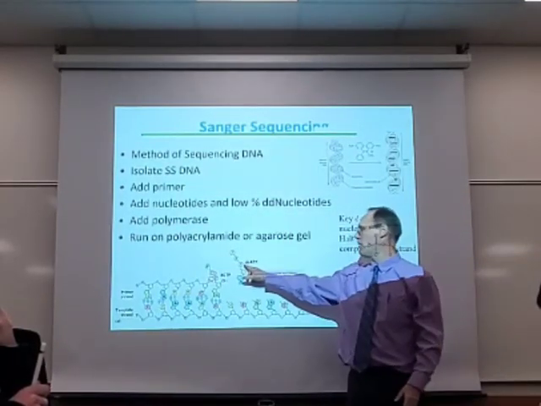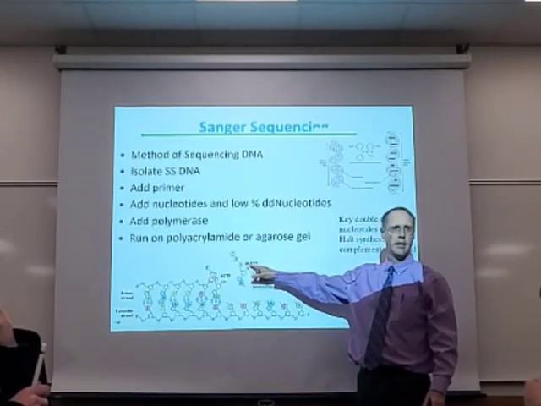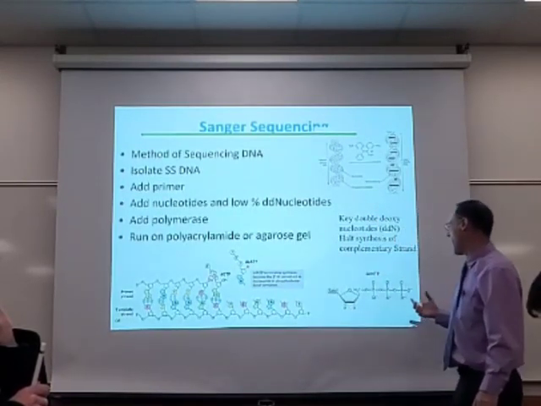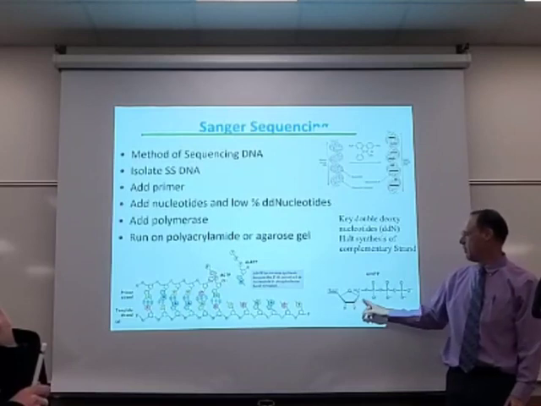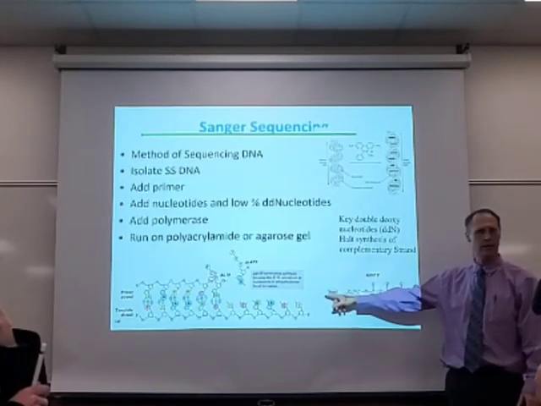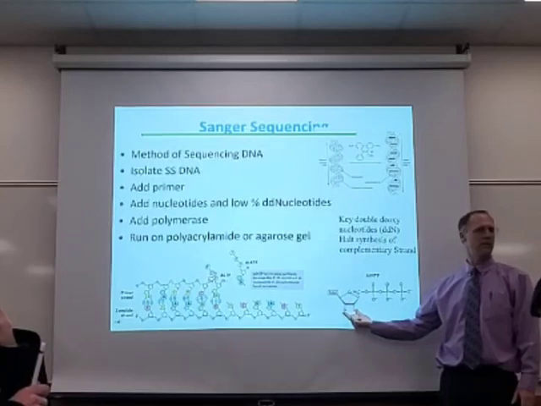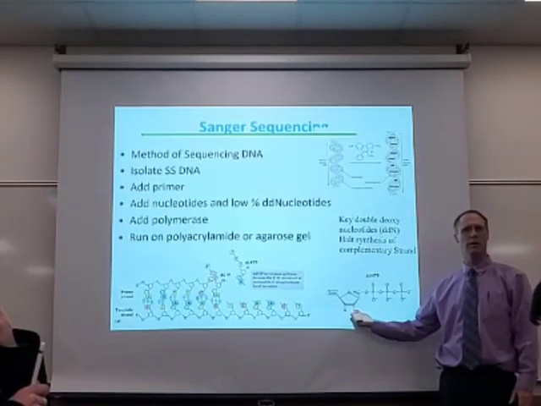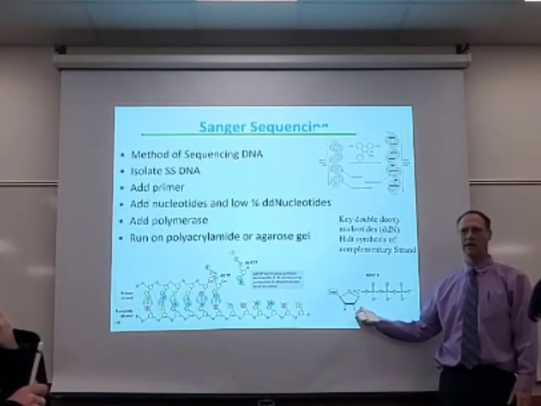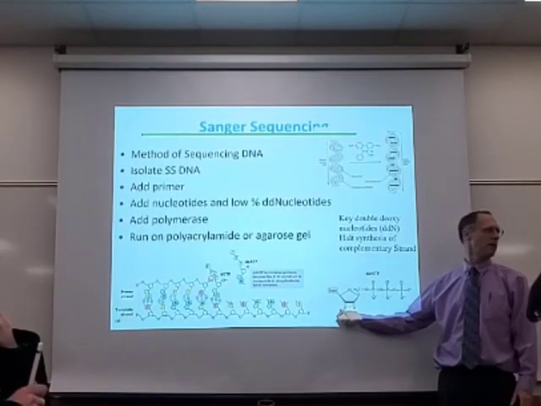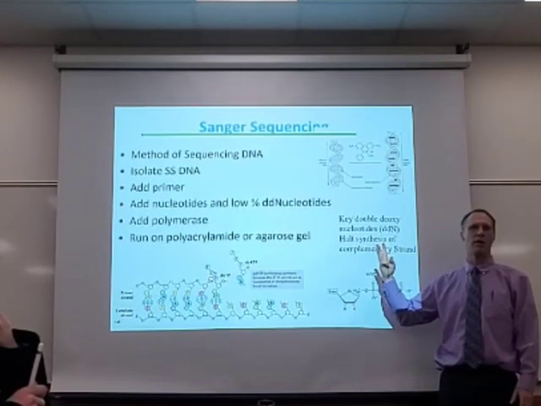A double deoxy. So if I'm looking at this, what is it that's making it double deoxy? It's not just DNA now, which had the deoxy on the 2'. I'm also missing it on the 3'.